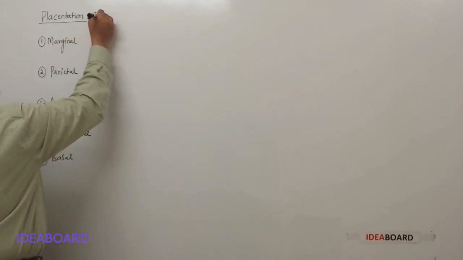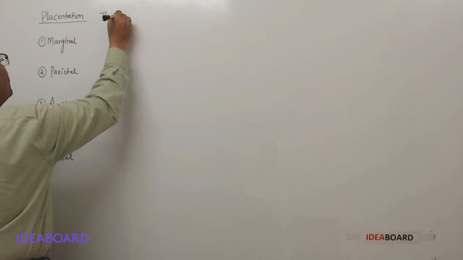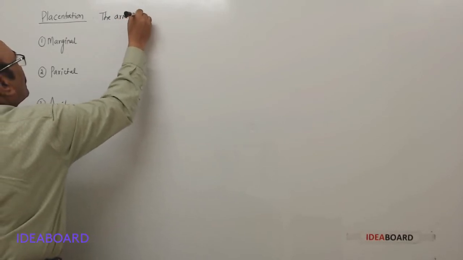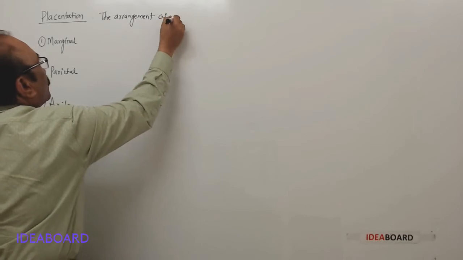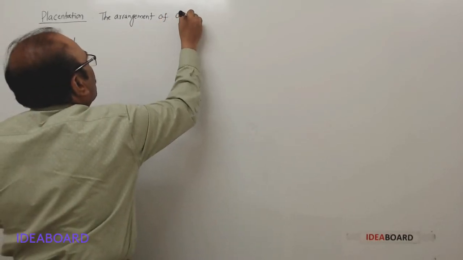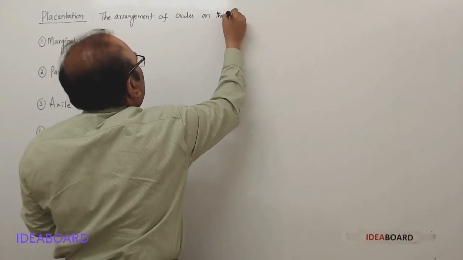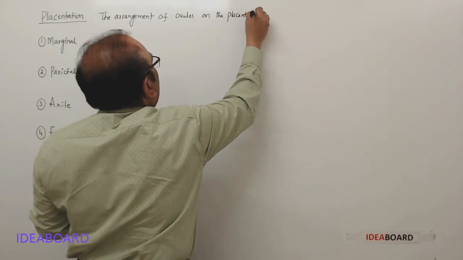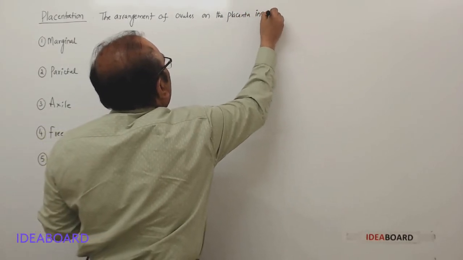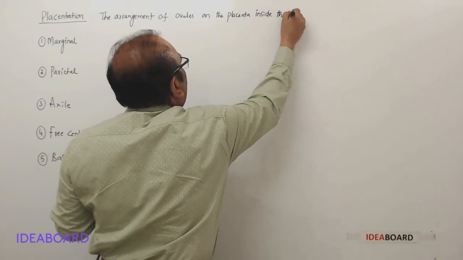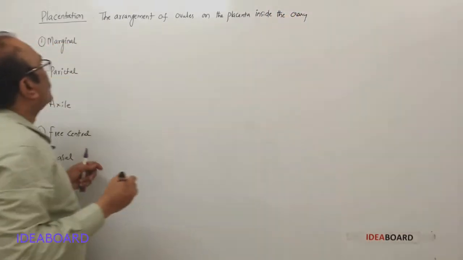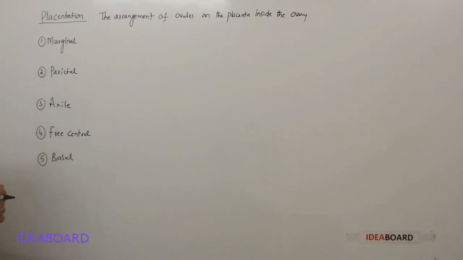The arrangement of ovules on the placenta inside the ovary is called placentation, and it is of different types. Let us discuss these five types of placentation.